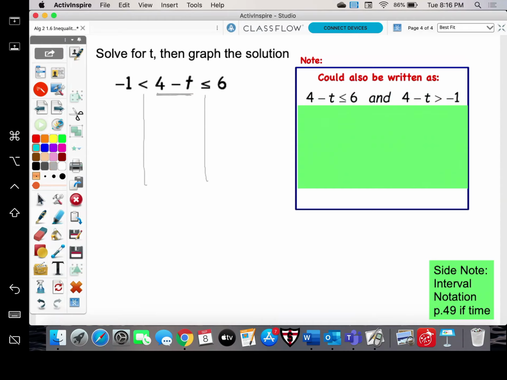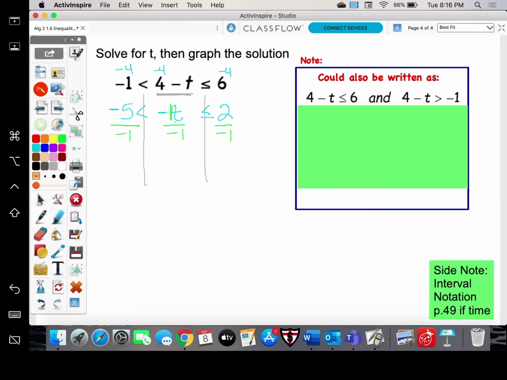First things first, I think we should subtract the 4. And now notice I'm going to write that in all 3 sections. So here I get -5 is less than -t less than or equal to 2. Okay, now a negative t right there in the middle, that really just means I have -1t. So I need to divide everybody by -1.